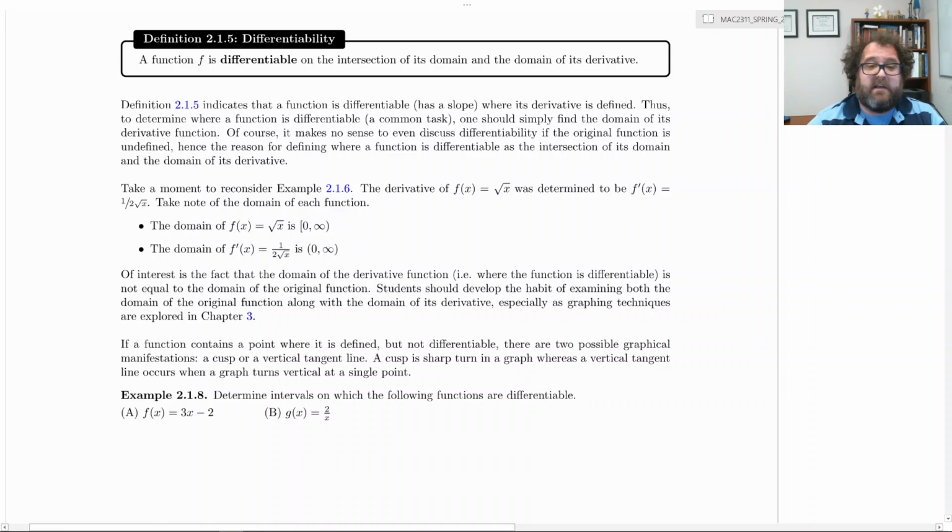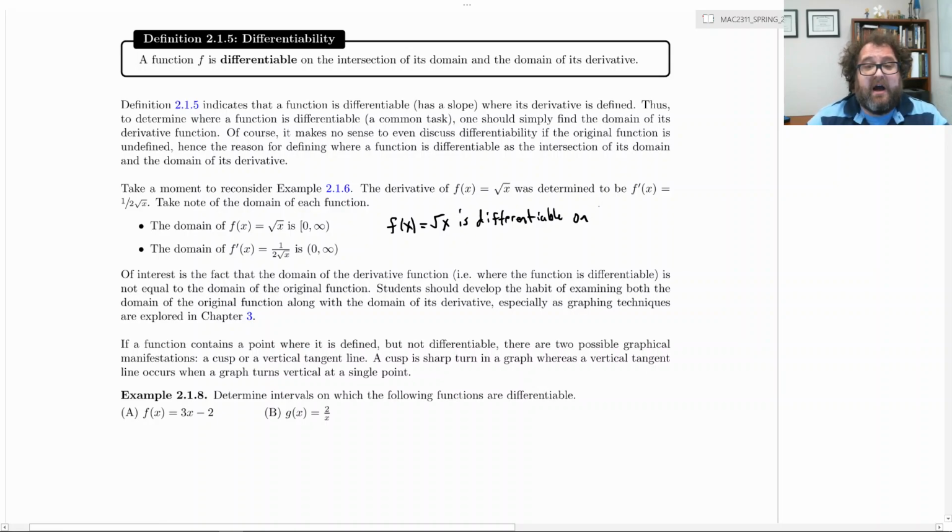So what does this mean as far as where the function is differentiable? We would say that f of x equals square root x is differentiable on the intersection of those two sets.